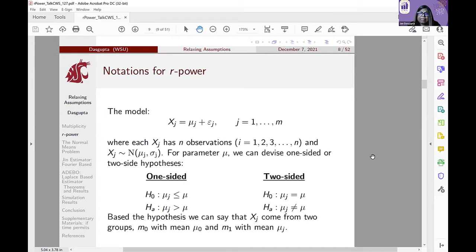Okay, and so the question was, they weren't really interested in how many were quote unquote significant, but which ones are the top contenders. Okay, and that became the background of the idea of R power.